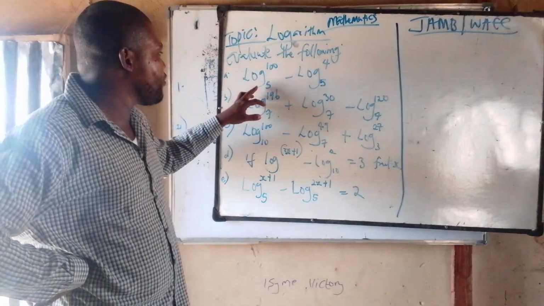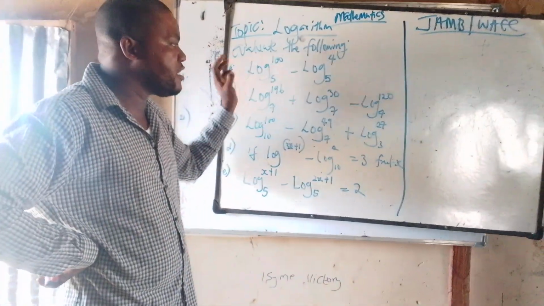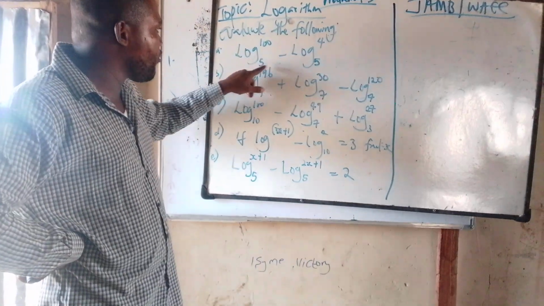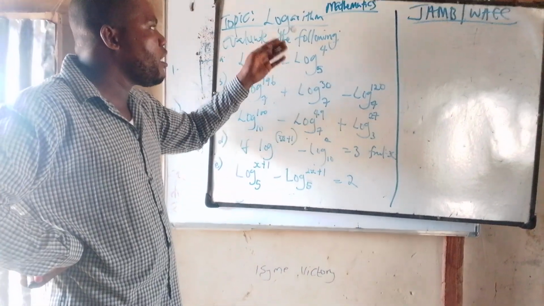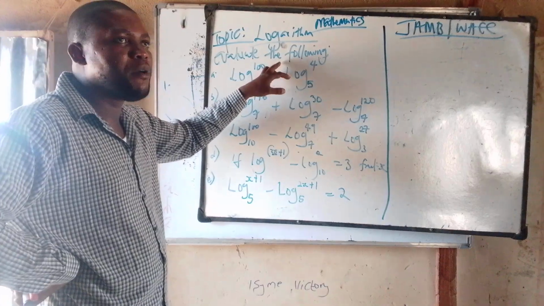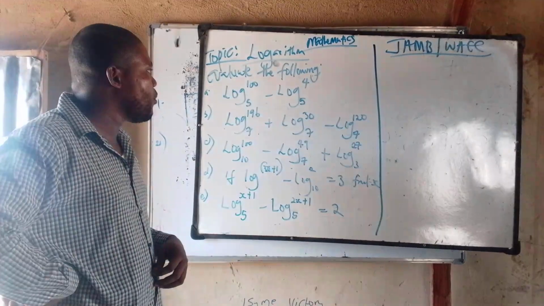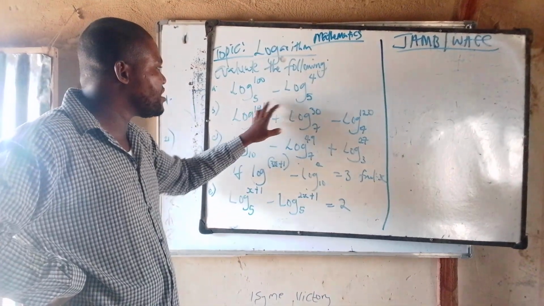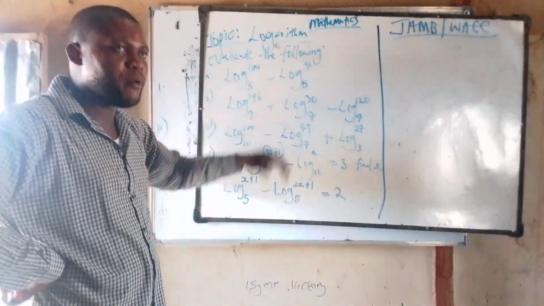Now this is log. First of all, logs of the same base will be treated together. Look at the first one, I have log 5, the same base. One law of logarithm says that whenever we are subtracting two logs, we divide the powers. Whenever we are adding two logs of the same base, we multiply their powers.